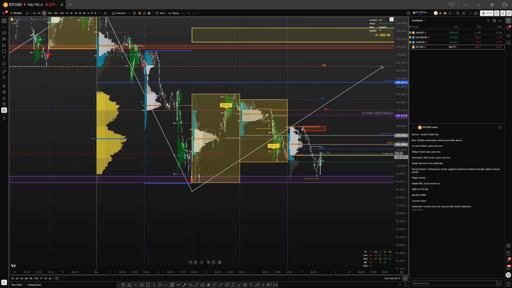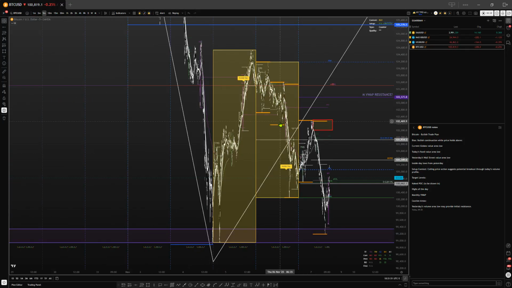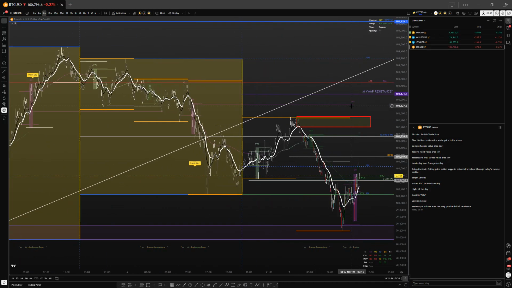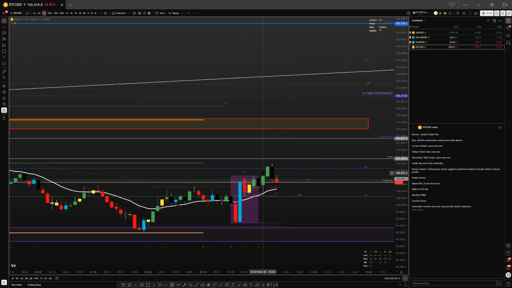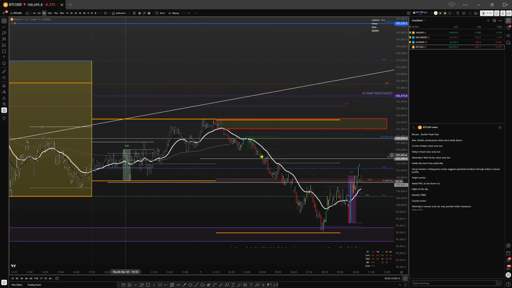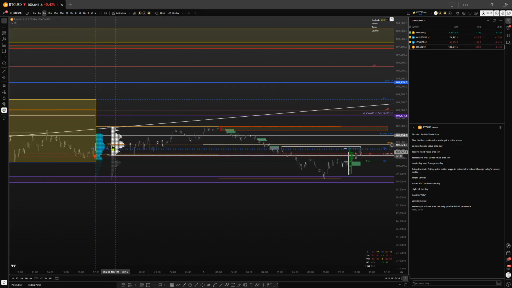Well, let's go from bottom up. So the trade is in. I was taking the breakout from the Wall Street opening range highs on this candle, in anticipation that the price would be drawn up into the naked point of control on the TPO, which is over here.